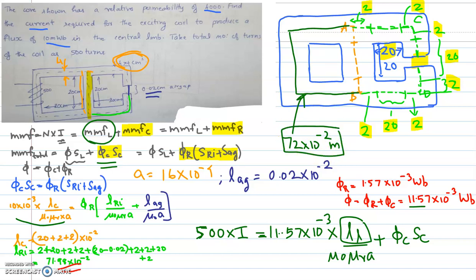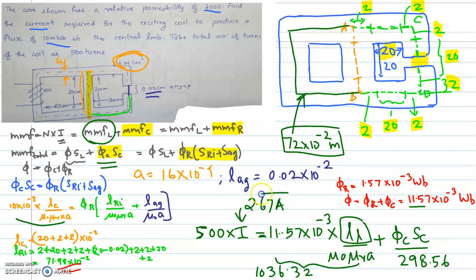Phi c and Sc you have already calculated, and that factor you will get as 298.56, and this factor you will get as 1036.32. By solving this, you will get the value of the current I as 2.67 amperes. So this is the final answer of this particular problem.